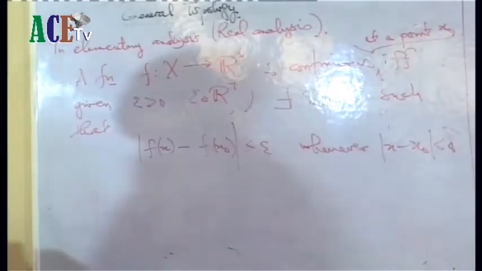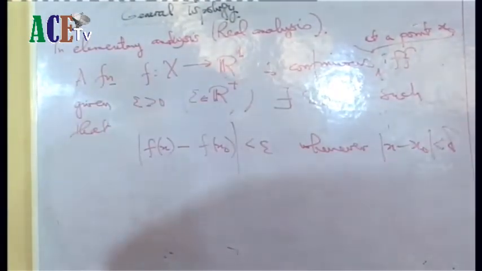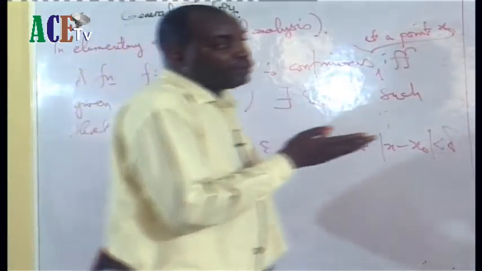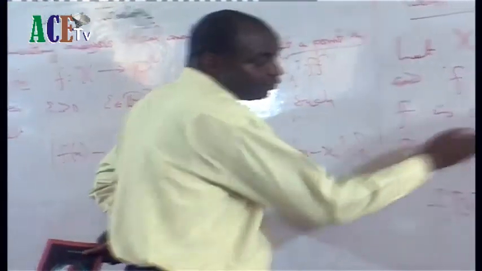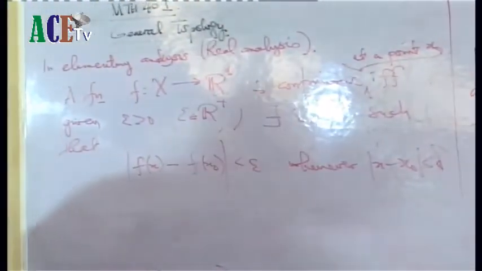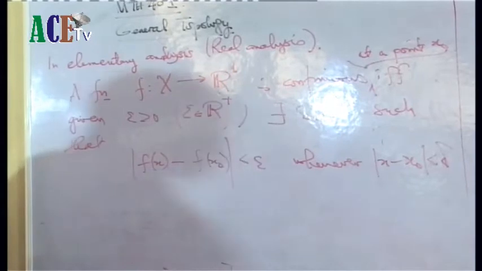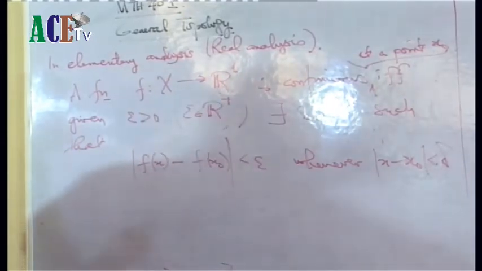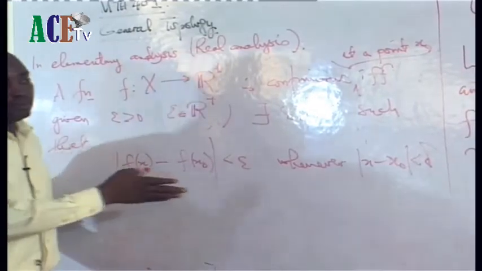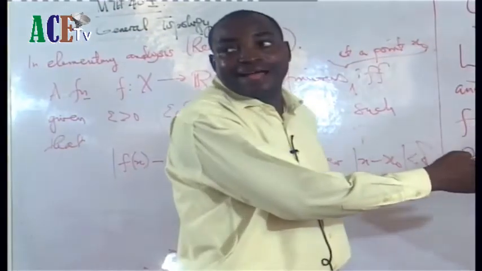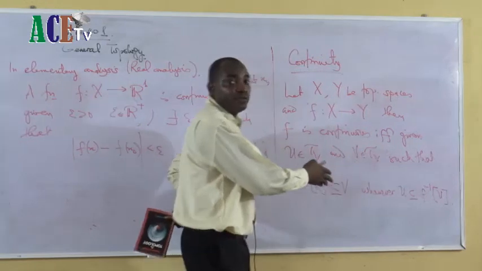I want to show us that there's a possibility of writing this in this form. And that is the possibility we are trying to look at here. In this case, we are taking a specific case, but here we are having a general case of continuity.